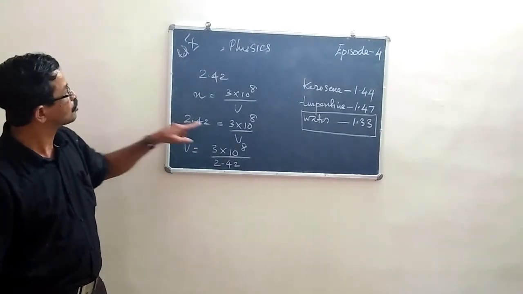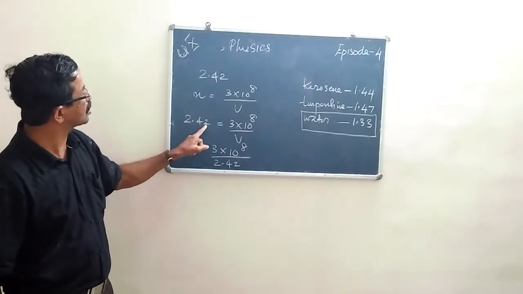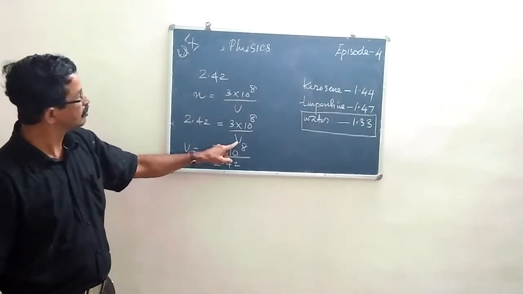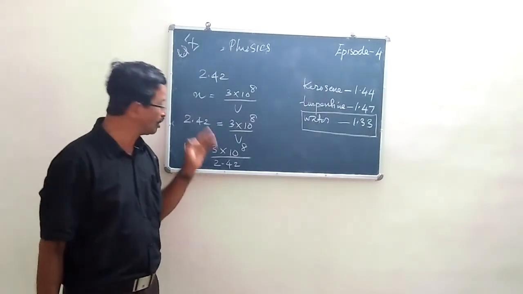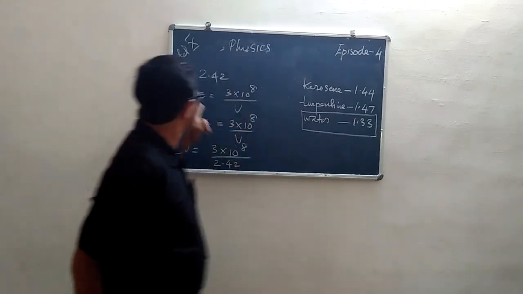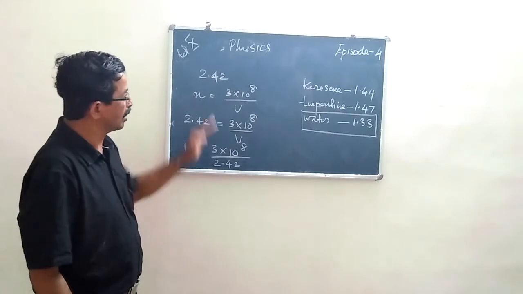That means the speed of light in vacuum is 2.42 times the speed of light in diamond. This is the meaning we get from this. That means the speed of light in diamond is smaller than that in vacuum or air.